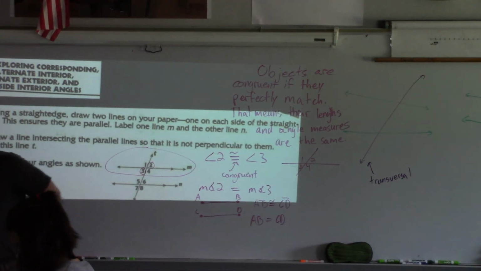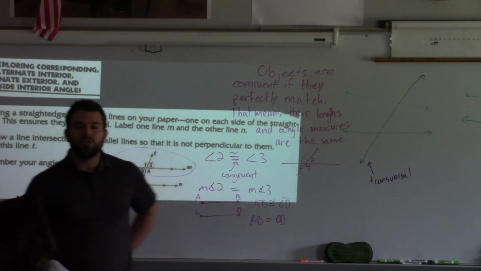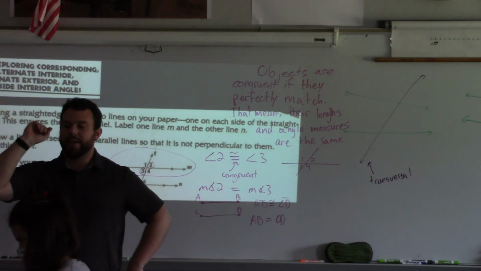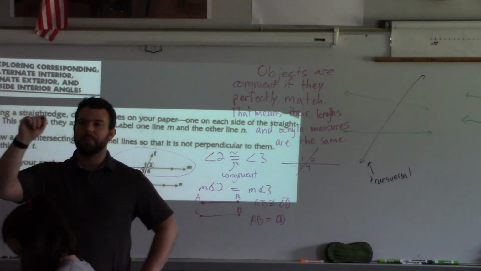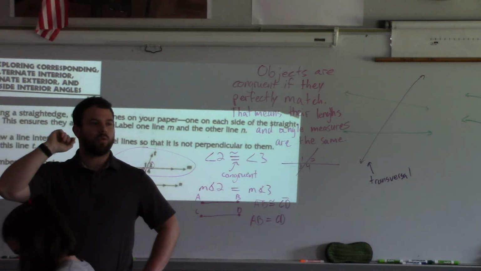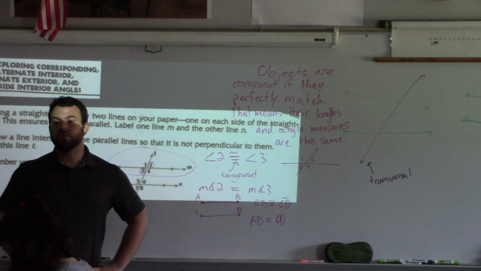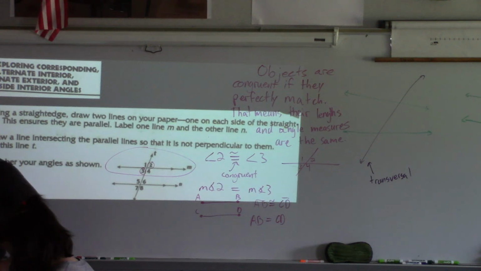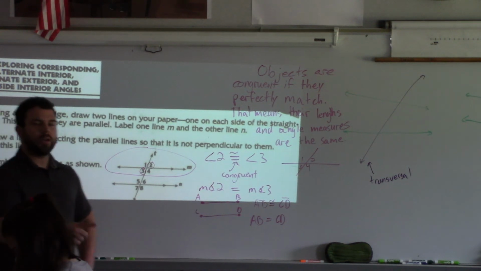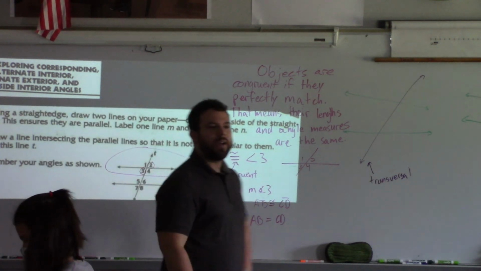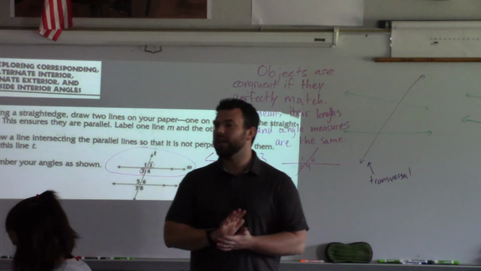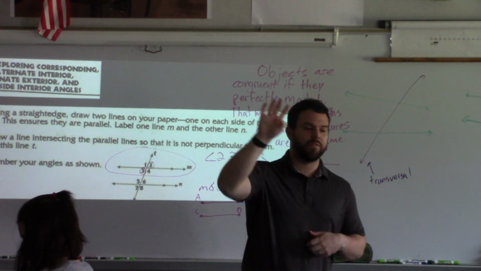Alright, please raise your hand if you do not have a white sheet of copy paper. Everyone has the white sheet of copy paper. Raise your hand if you do not have a ruler. Anton's right behind you. He'll give you one in a second. Okay, now raise your hand if you have not gotten 4 sheets of patty paper.